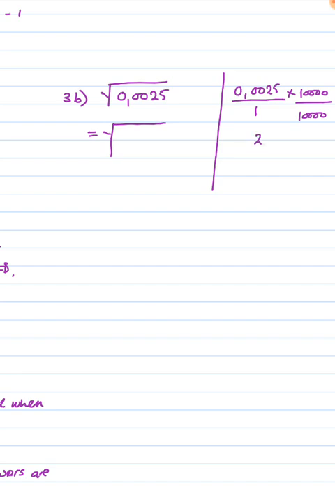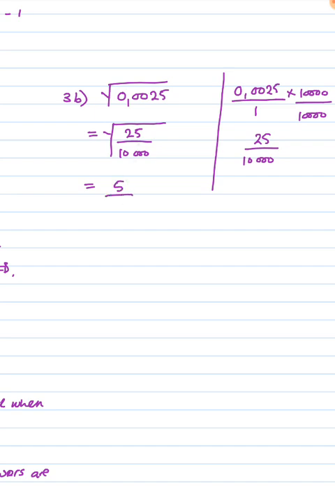So it becomes 25 over 10,000. So we have 25 over 10,000. So the square root of 25 is equal to 5.